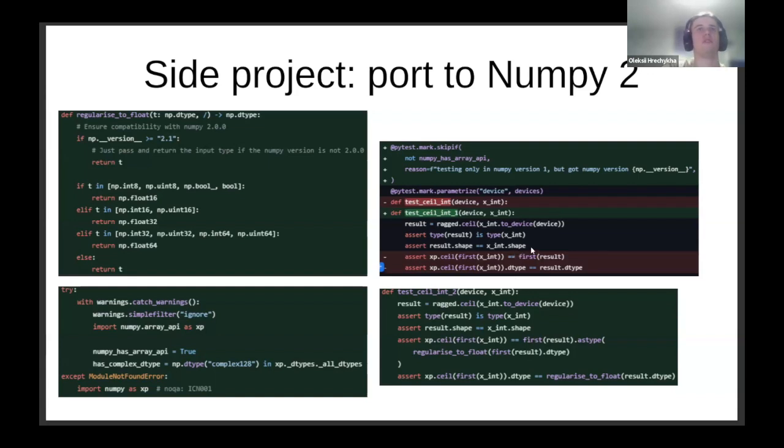And the fix was that the new version of NumPy does not have numpy.array_api explicitly, and the old version does, and depending on that, a certain version of a function would be run.